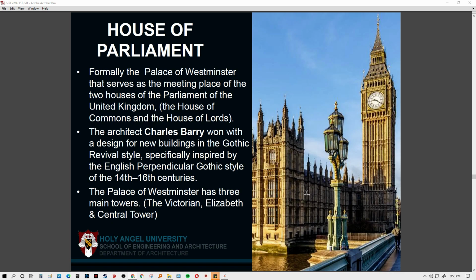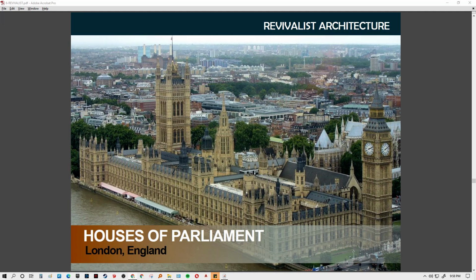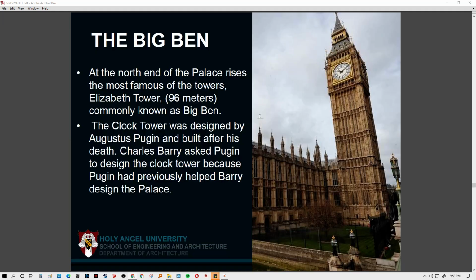It has 3 towers, and they are the Victorian, Elizabethan, and Central Towers. One of those towers is what we know as the Big Ben, or the Elizabeth Tower. It is 96 meters in height and serves as a clock tower.